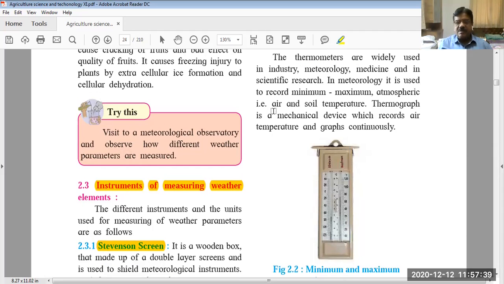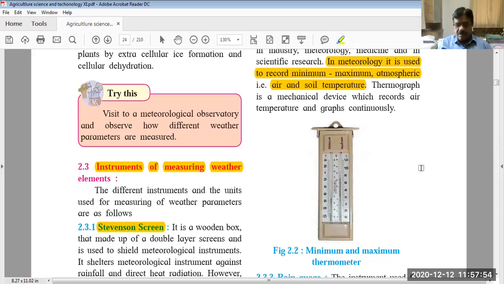In meteorology, this is used to record minimum and maximum temperature. This temperature can also be measured from soil. In this thermometer you can see the recordings at the bottom.